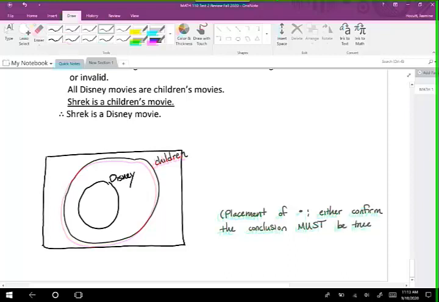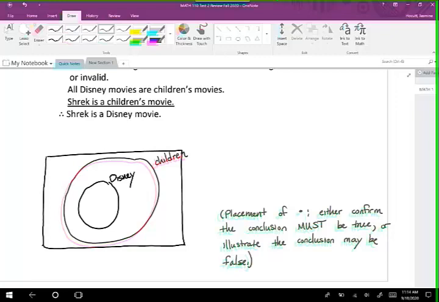So we're either going to show that there's only one place Shrek can be, and we're going to put it there, or we will place the dot so that we illustrate how the conclusion may be false. So either we put it in the only place it could be and confirm that the conclusion must be true, or we're going to illustrate that the conclusion may be false.